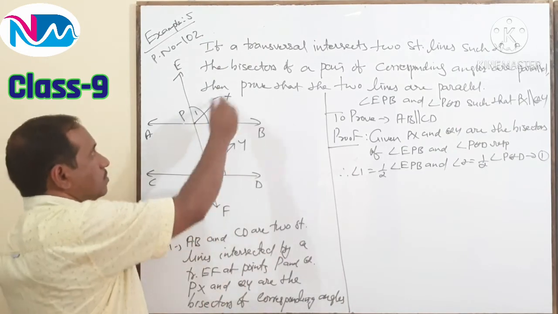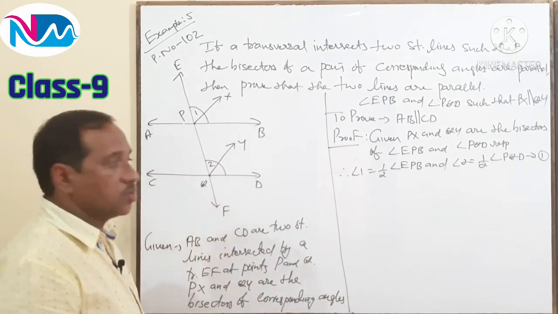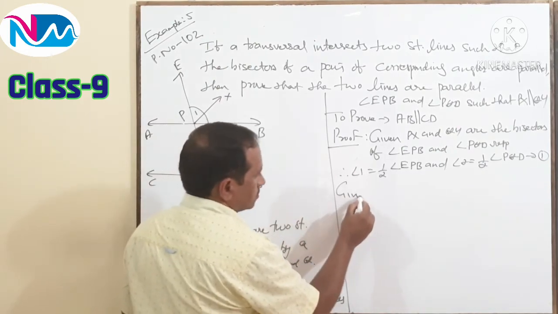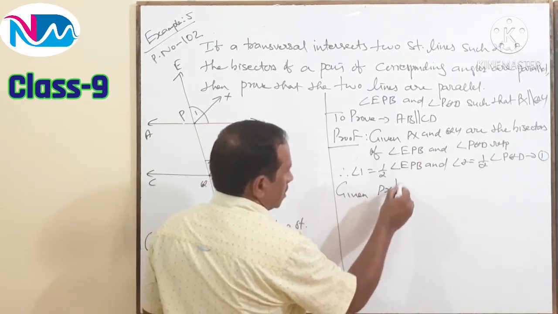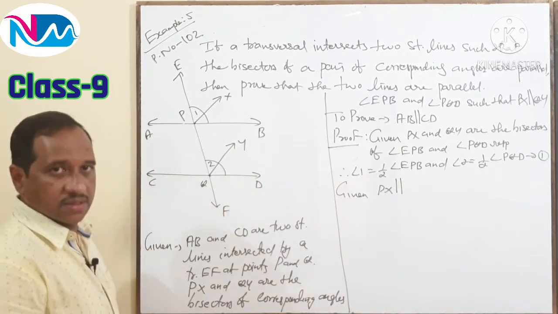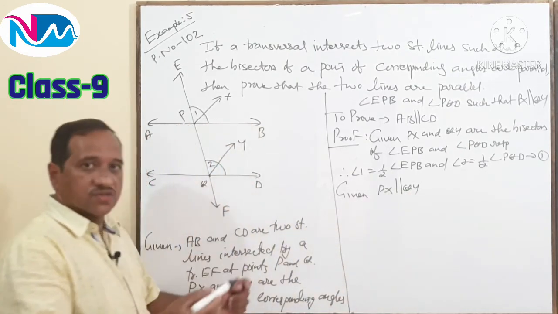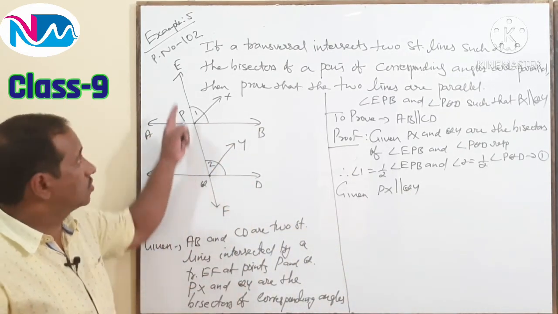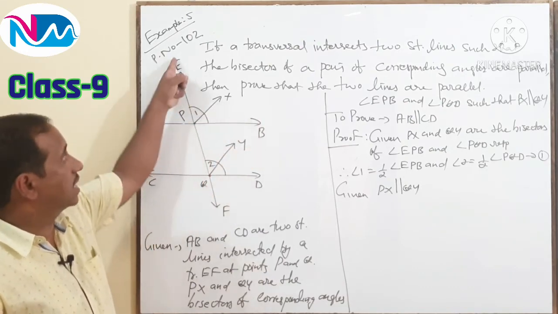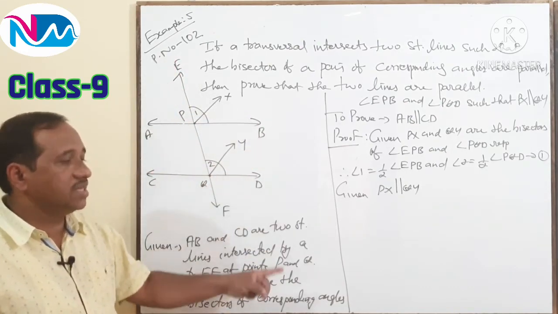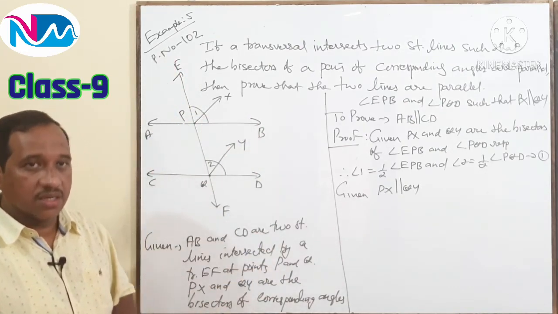Now we are given PX is parallel to QY. PX and QY are the bisectors of a pair of corresponding angles, angle EPB and angle PQB. They are given parallel.